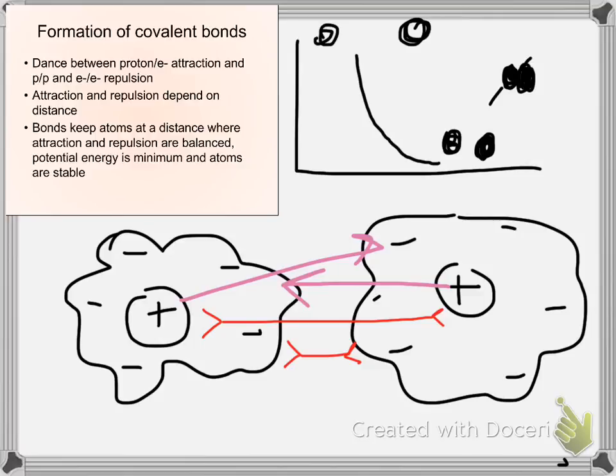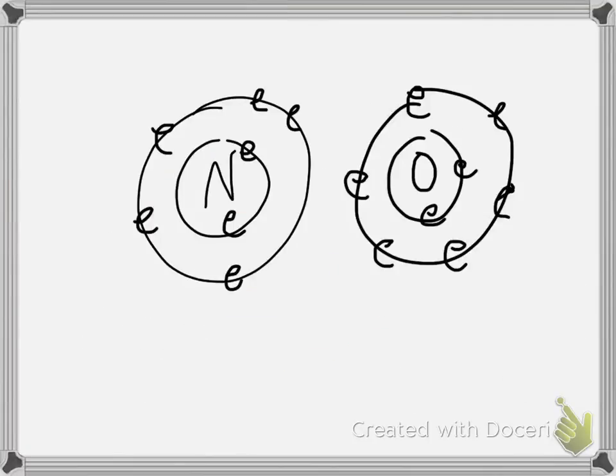Bonds form at a distance where the atoms are at the lowest possible energy, where attraction and repulsion are balanced and that energy is minimized. They're stable there.